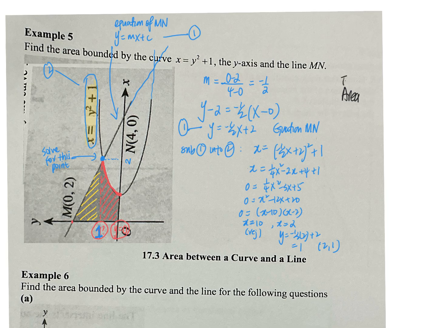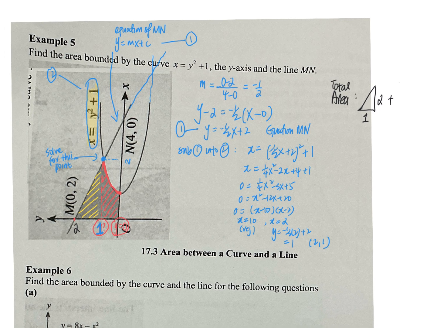Area. Area is the triangle. This base is 1, right? 1 unit. This height is 2. Okay, then you also want to find the area under the curve from y equals 0 to y equals 1. So go and find half times base times height.